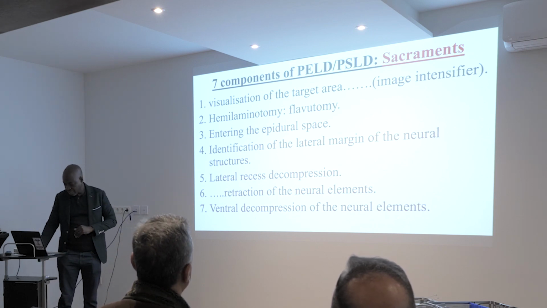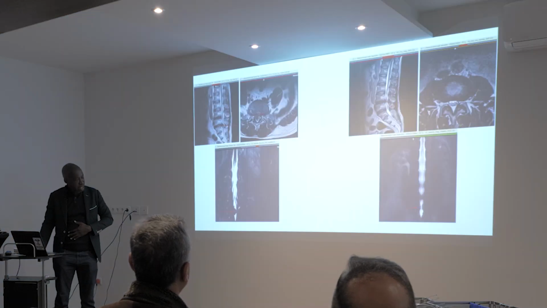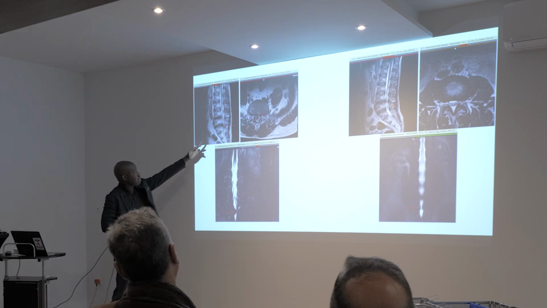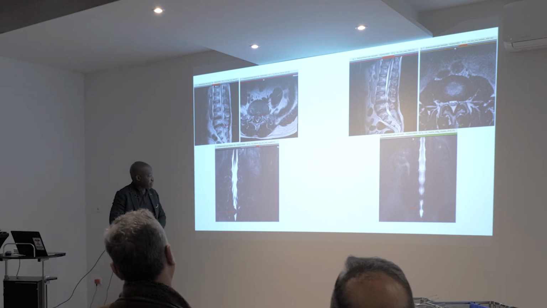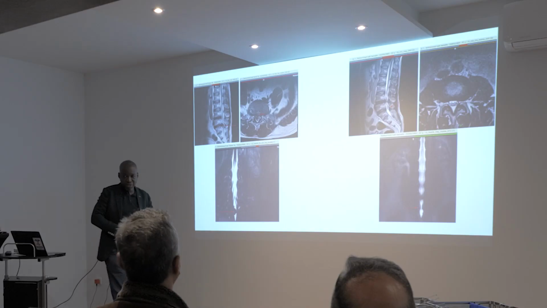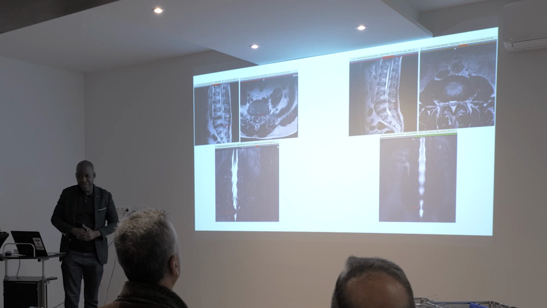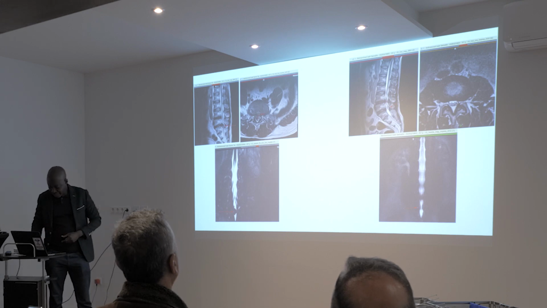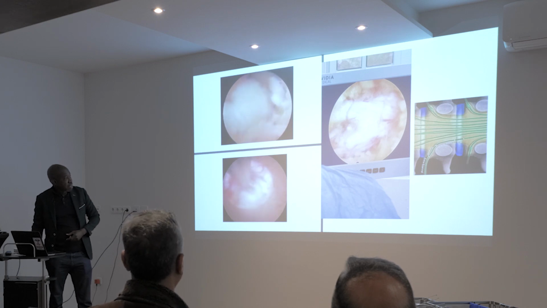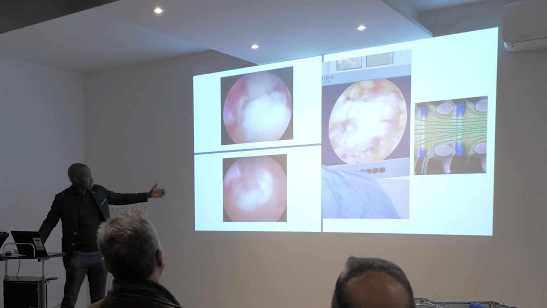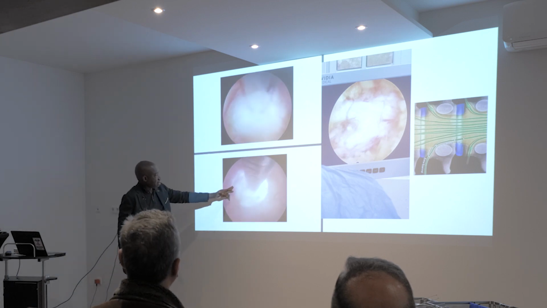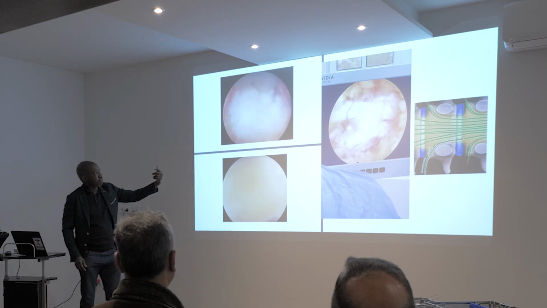As you can see in this patient, this is a disc herniation just before the surgery. After the surgery, you can hardly say whether this patient was operated on. We are mobilizing the neural structures up here, and then the disc got removed.